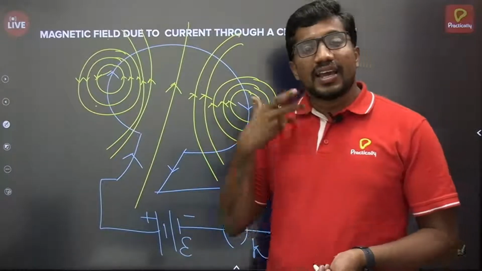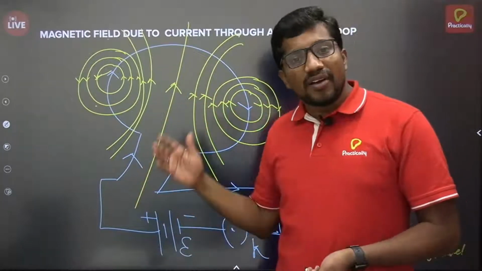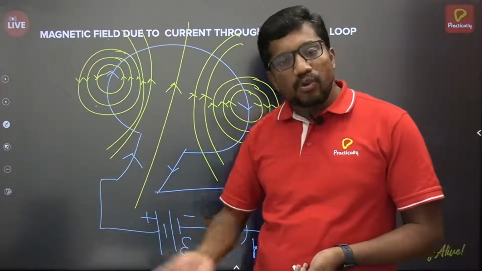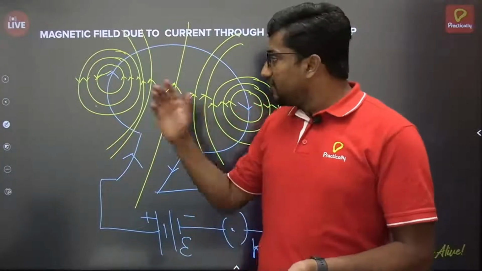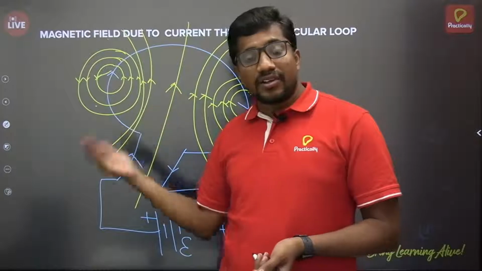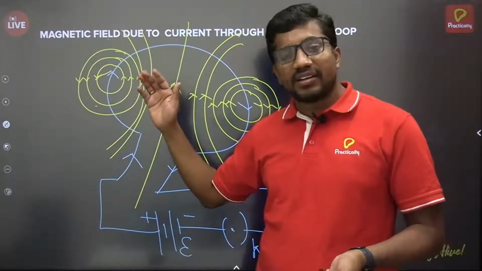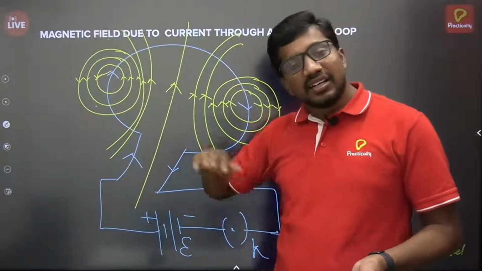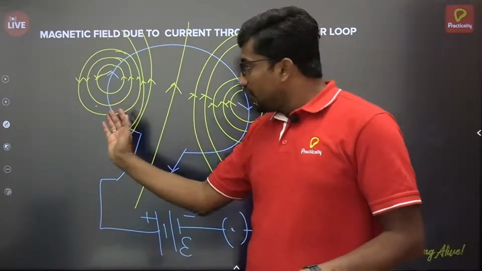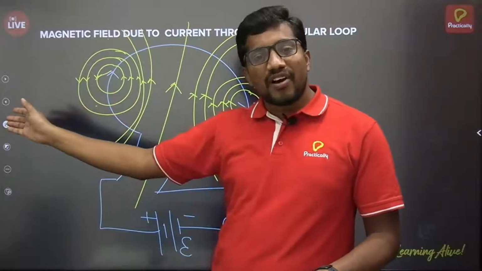They are like amount of current flows through it. Suppose more amount of current is flowing, then more magnetic field will be developed, and if more number of turns are there, then more amount of magnetic field again. And if the point at which we have to calculate the magnetic field is close to the current carrying conductor, then there is more field compared to the point which is far away from it.